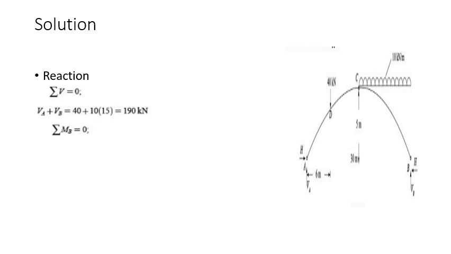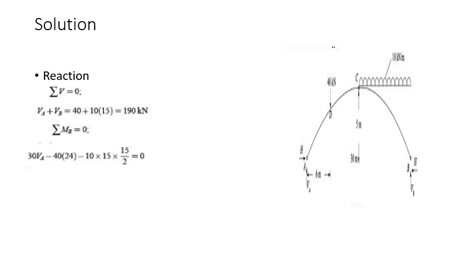Next, take the moment about any end. Here we are taking the moment about the end B as equal to 0. So what would be the moment? VA into 30 minus 40 into 24, as the 40 kilonewton load is at a distance of 30 minus 6, that is 24 meter from the end B, minus 10 into 15 into half of 15, that is 7.5.